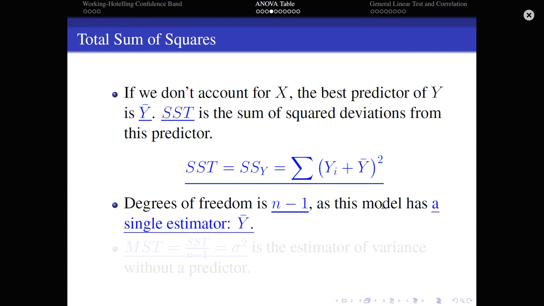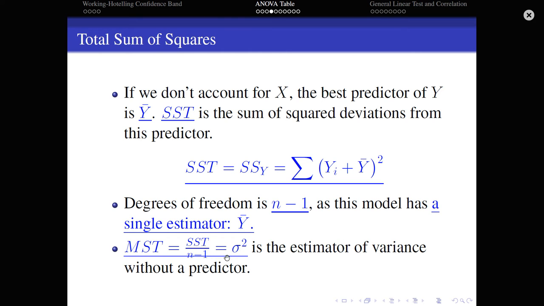The degrees of freedom, if we're not using any independent variables, is n minus 1, because we are still using the mean to predict what the y values are. So we're still doing that mean calculation, so our degrees of freedom won't be n, it'll be n minus 1.